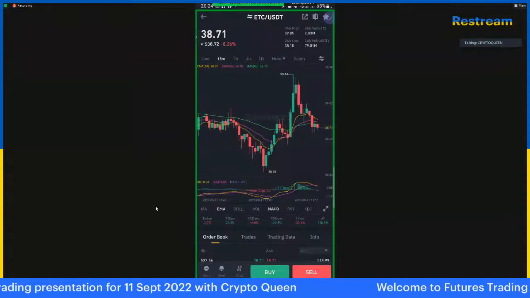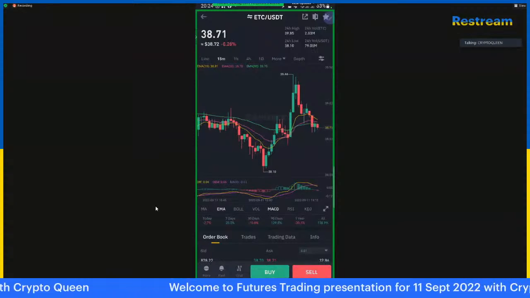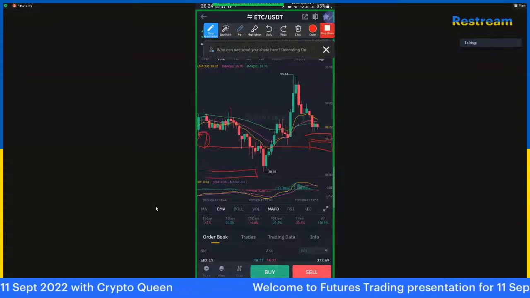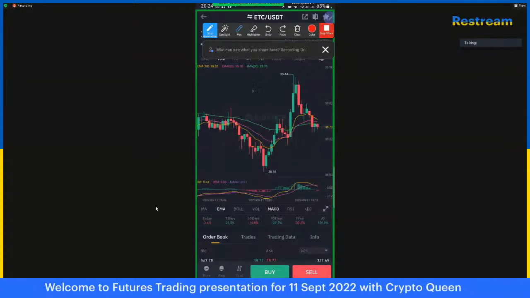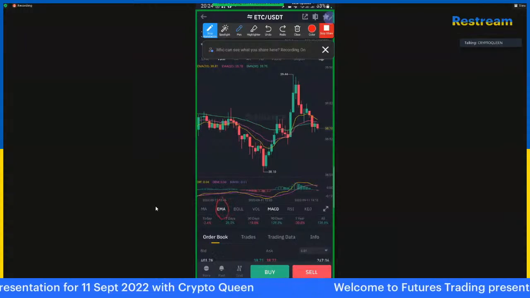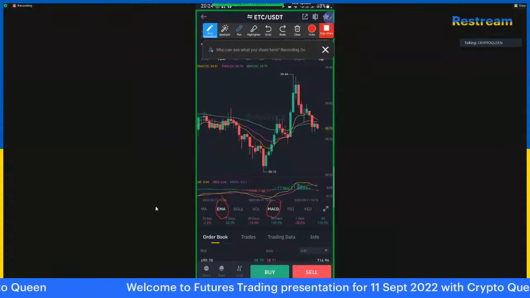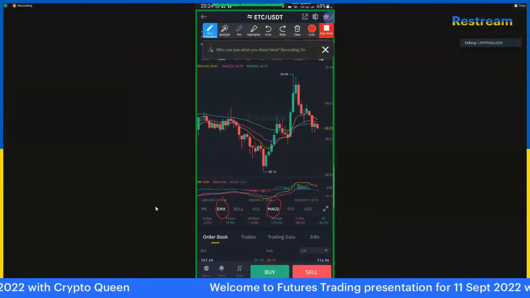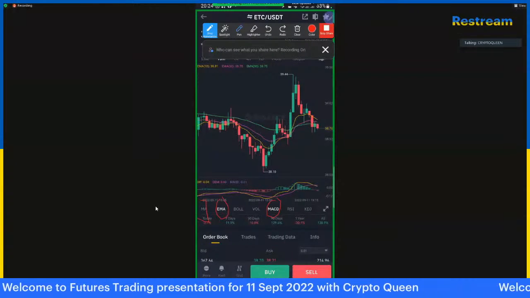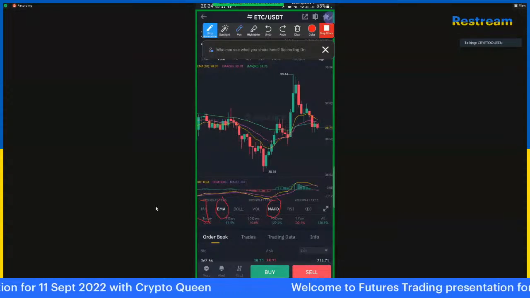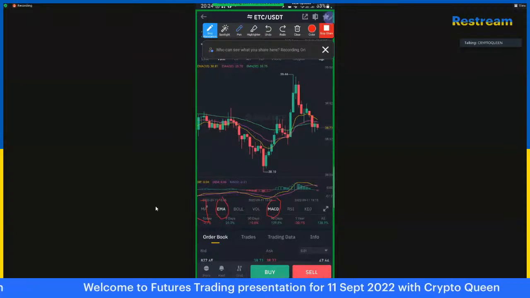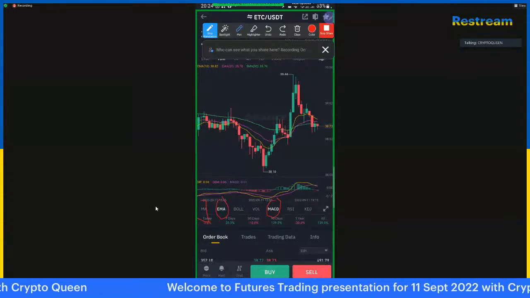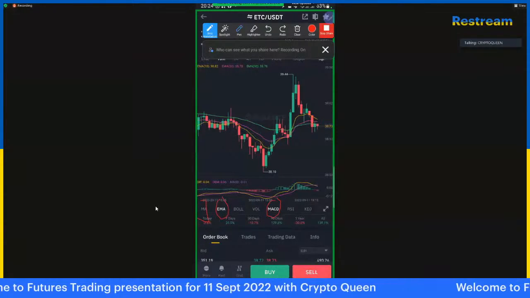So I want to talk about this. Let me clear this exponential moving average and this. That's because both of them work hand in hand. Exponential moving average is a type of moving average. So when we talk about moving average, what do we mean by that? Moving average is simply a technical indicator that shows the average price of a specific number of recent candles.